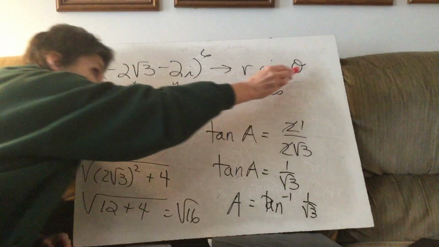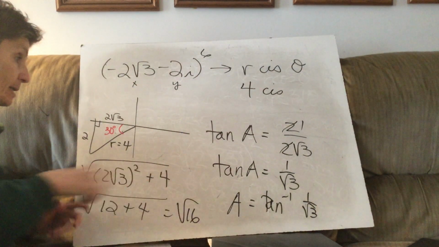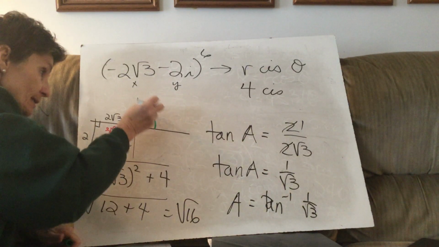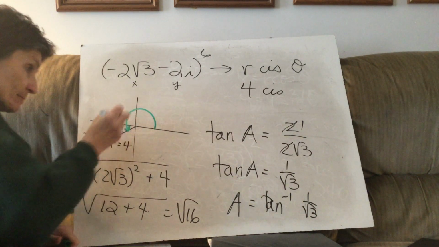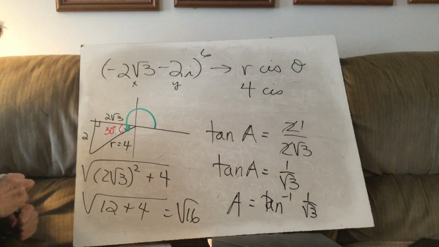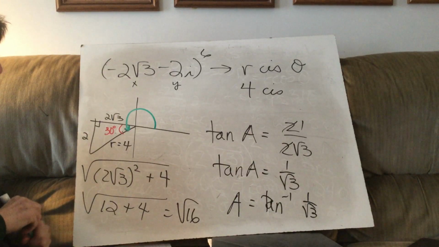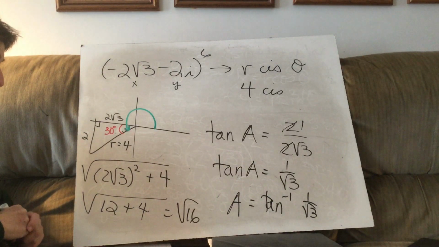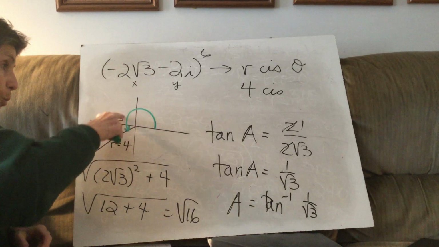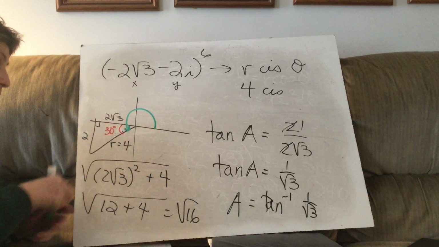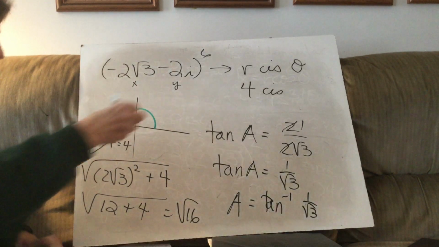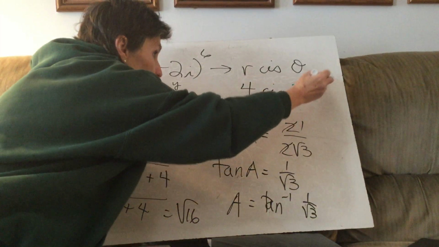That is not theta. Theta is here. So how big will theta be? Theta is 180 plus 30, so that is 210.